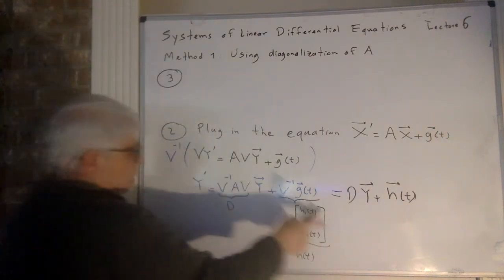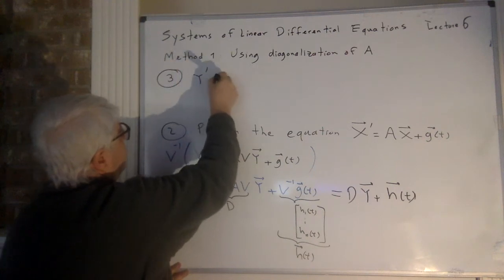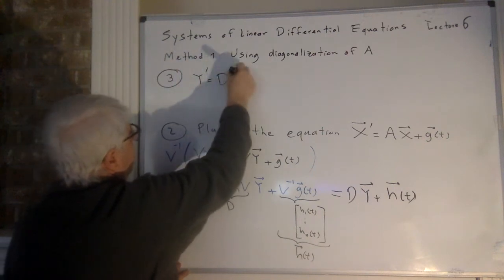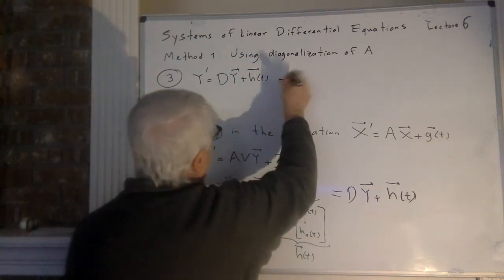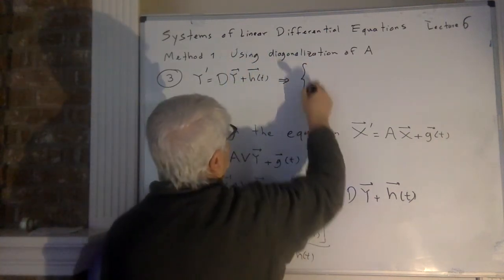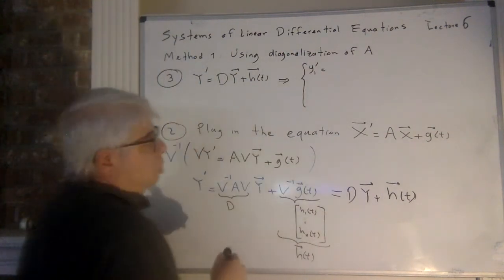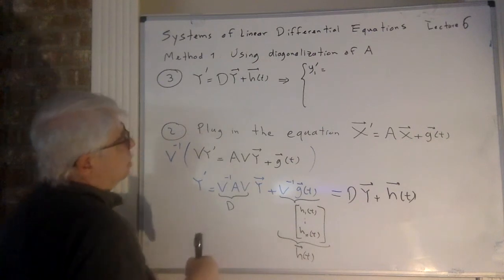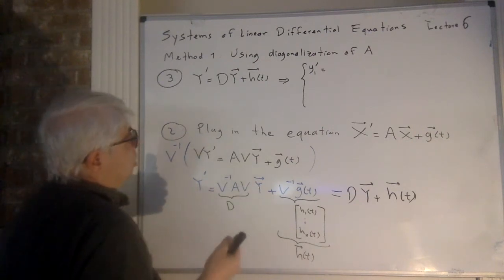Step 3 is, so I have Y prime equals D Y plus some h(t). So let's expand this thing. The lambdas are in the diagonal, there are diagonal terms.